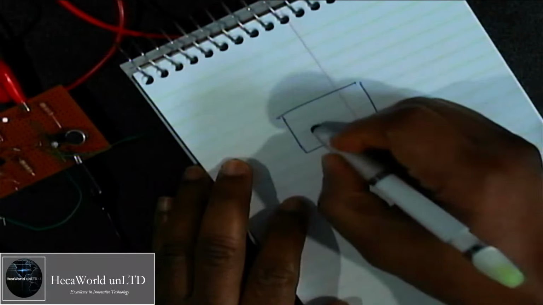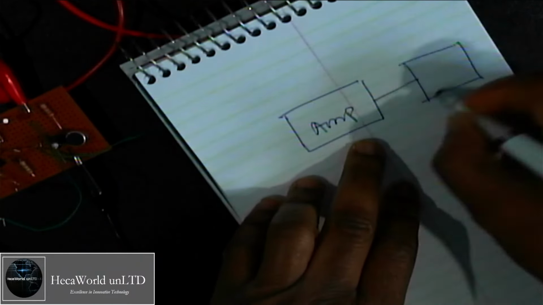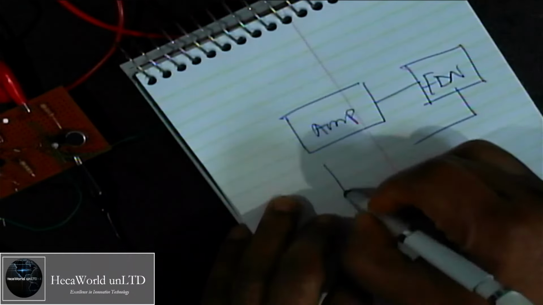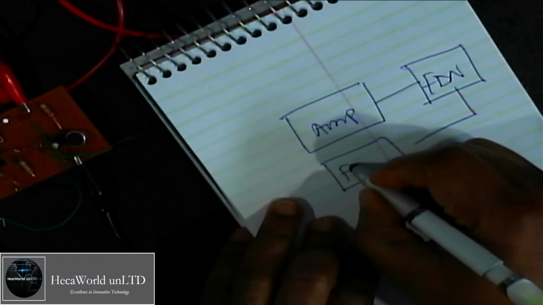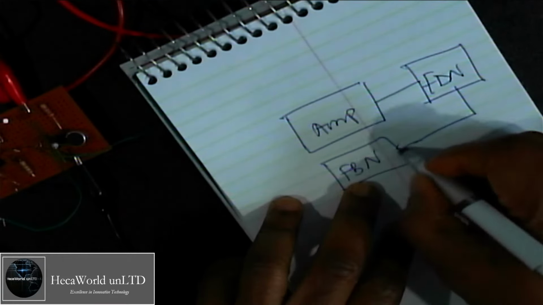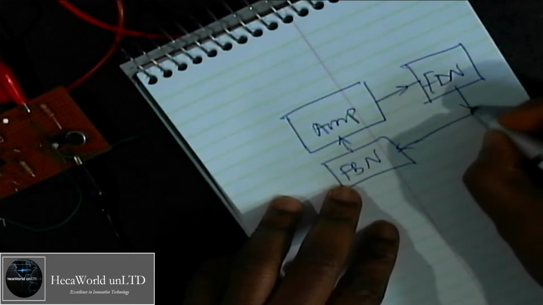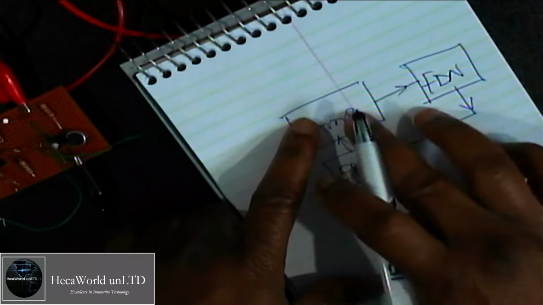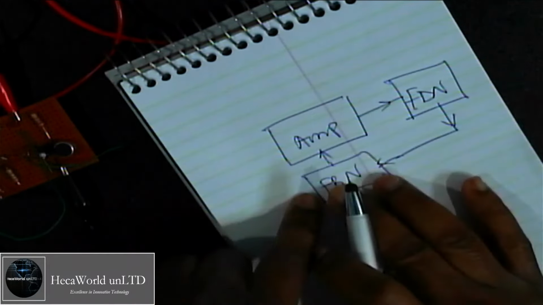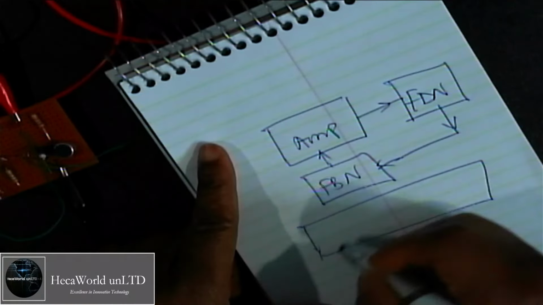An oscillator needs an amplifier, and then you need what we call a frequency determining network, FDN, and then a feedback network, let's just call it FBN, feedback network. So this is the loop here. You have an amplifier, take a portion of that through a frequency determining network, a portion of that through a feedback network back into the amplifier. Obviously, you need a power supply unit.